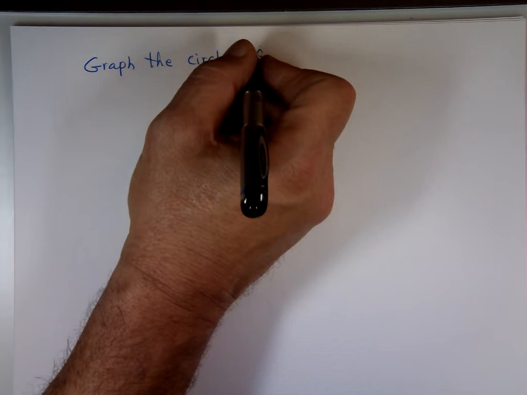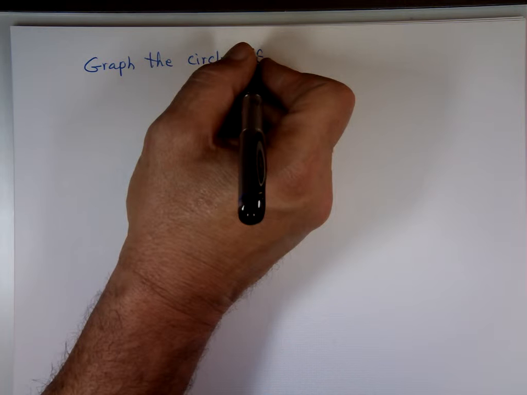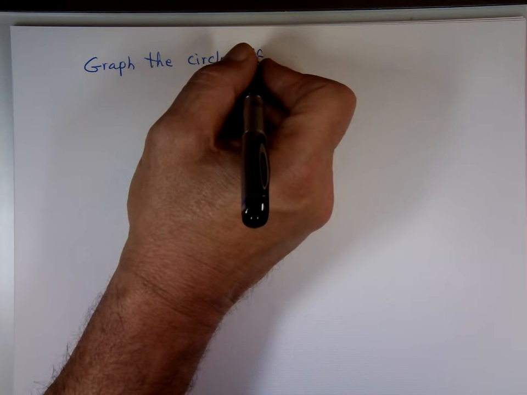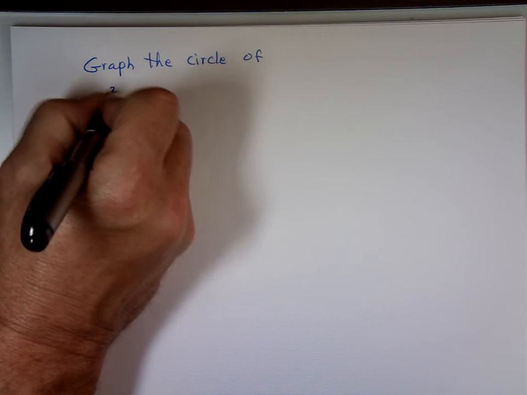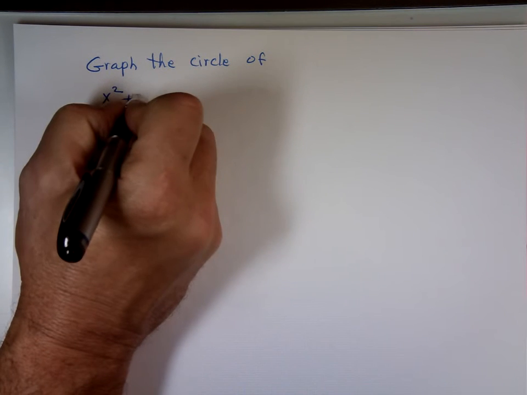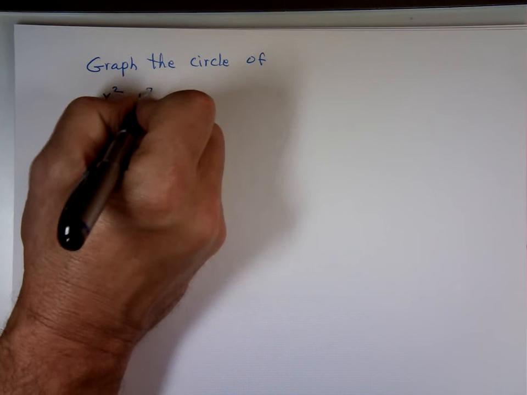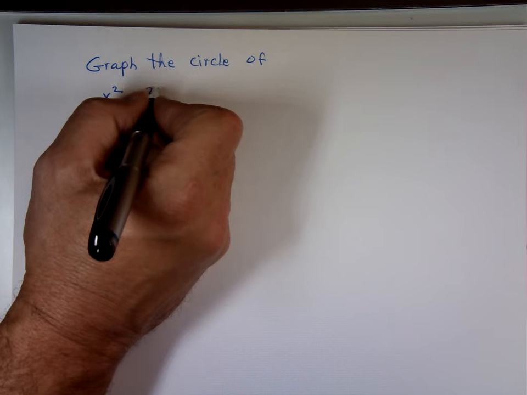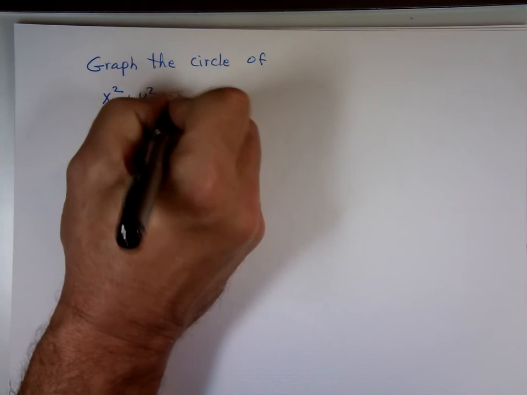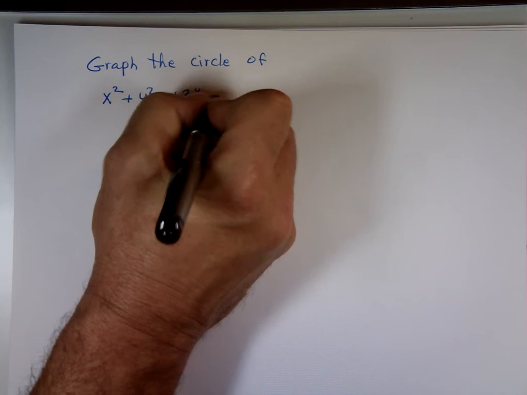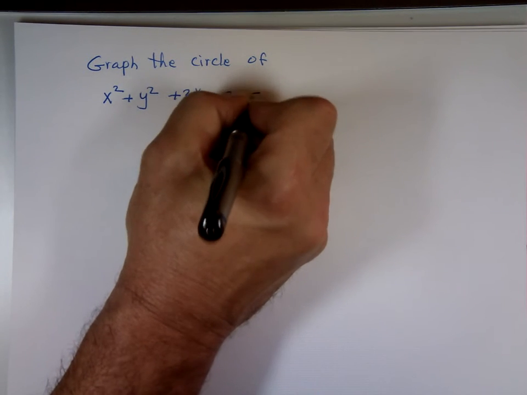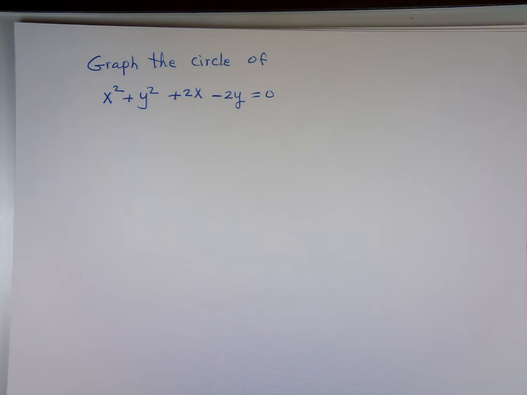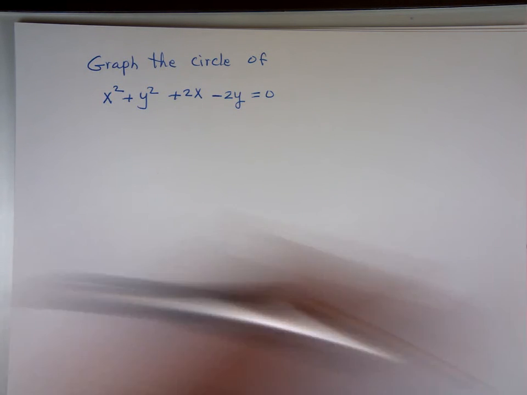What are we going to do? x squared plus y squared plus 2x minus 2y is equal to 0. You're saying that's a circle. Graph it. Well, I can't graph it till somehow I can put it in this form.